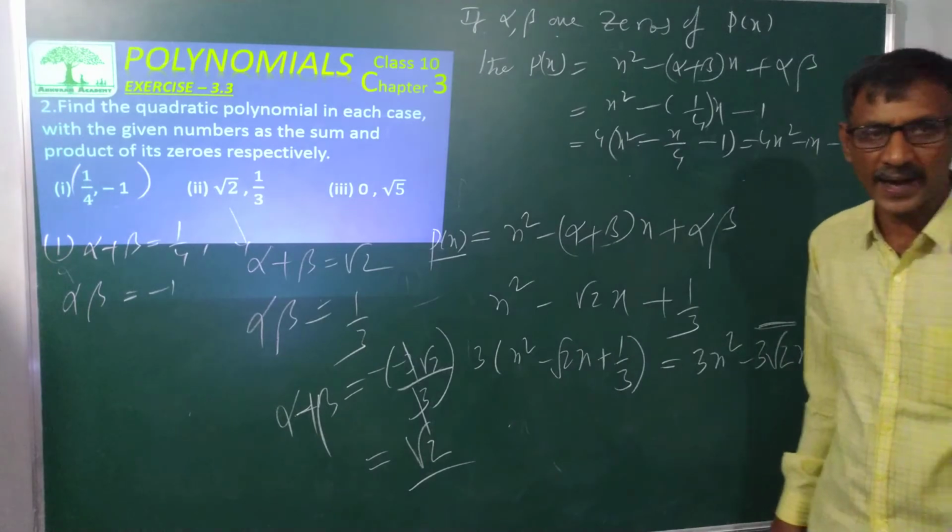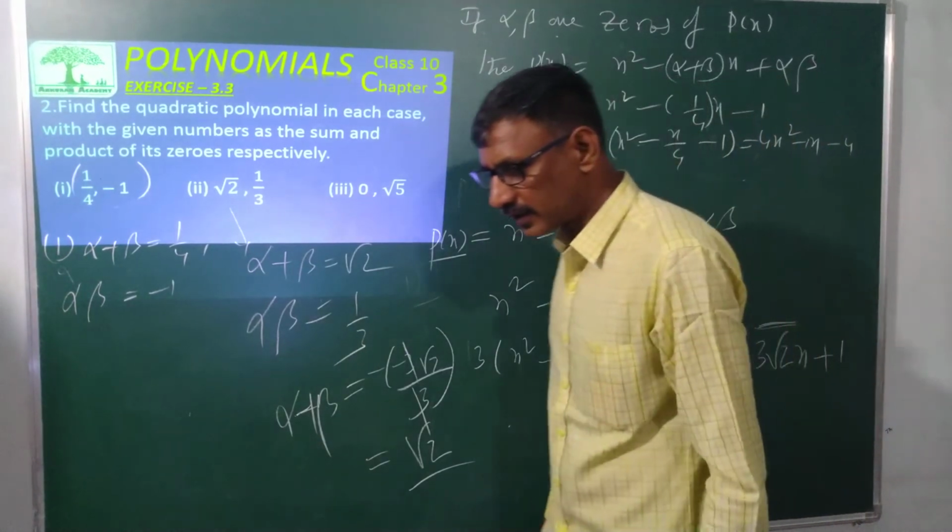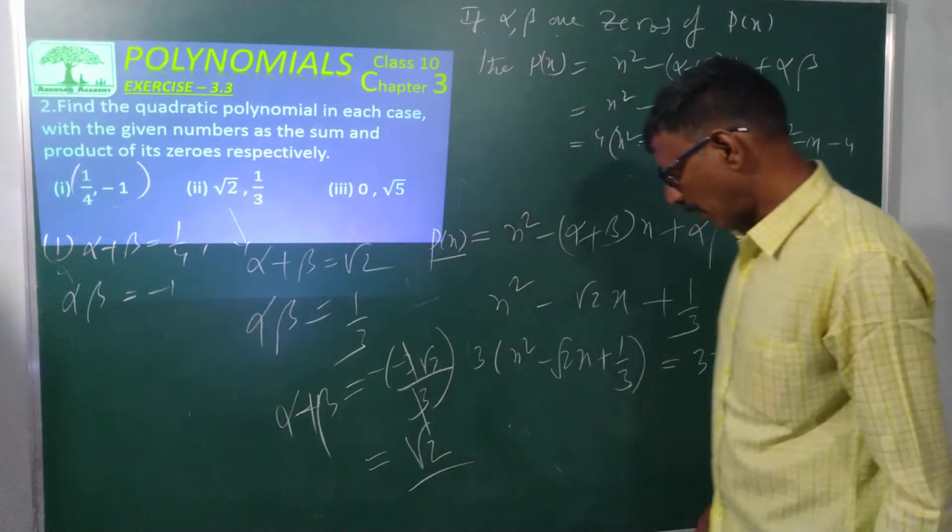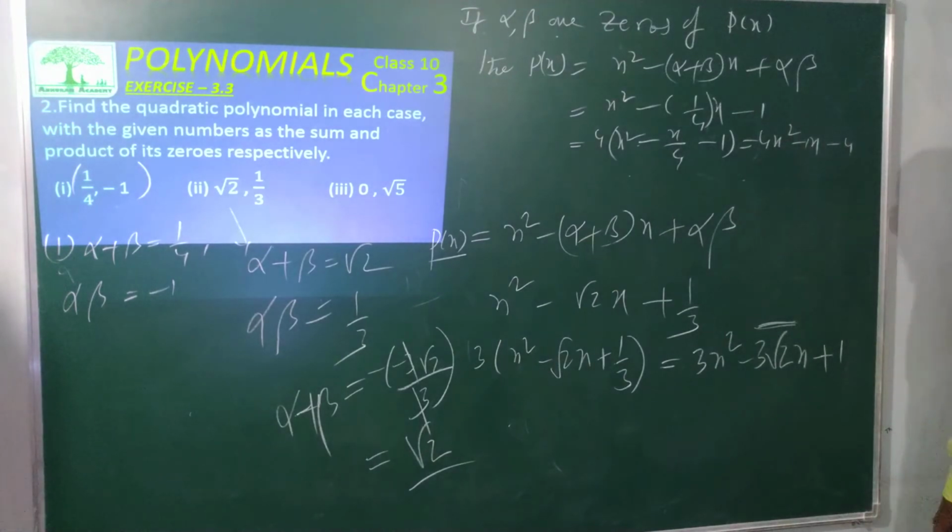Yes. This is my quadratic polynomial. Am I clear or not? 3x square minus 3 root 2 x plus 1. This is the way we can verify it. No doubt at all. Everything clear?